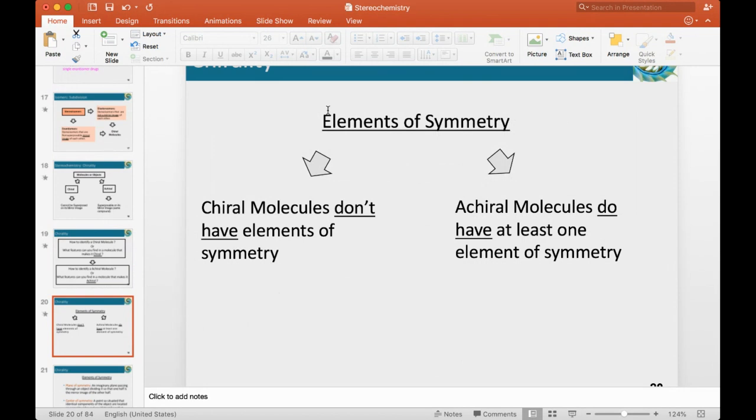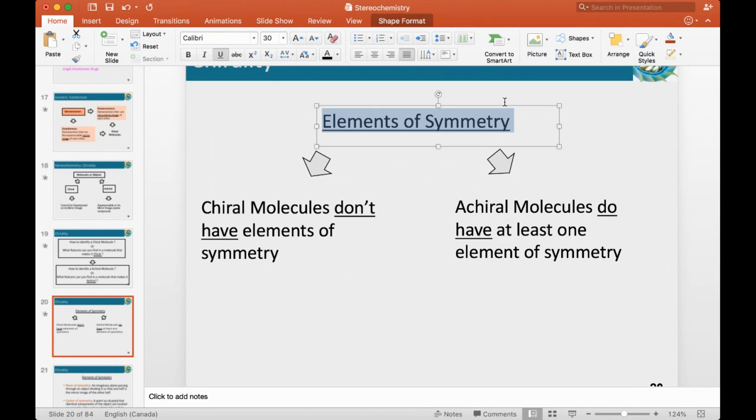And the way of doing that is by means of something that we also discussed in the previous class called elements of symmetry. Okay, chiral molecules don't have any element of symmetry. That's by definition. Achiral molecules do have at least one element of symmetry. That's basically the way of distinguishing between them: finding elements of symmetry in molecules.